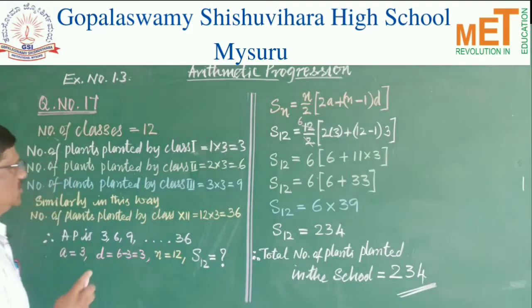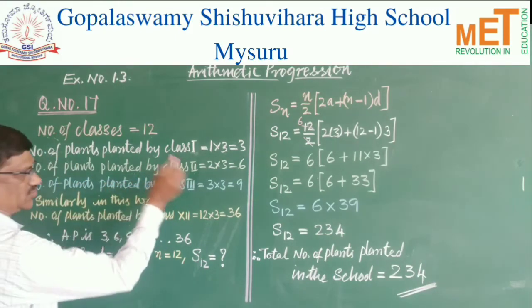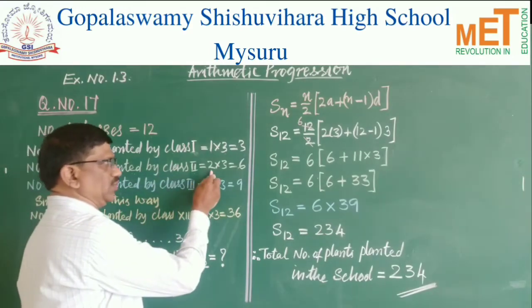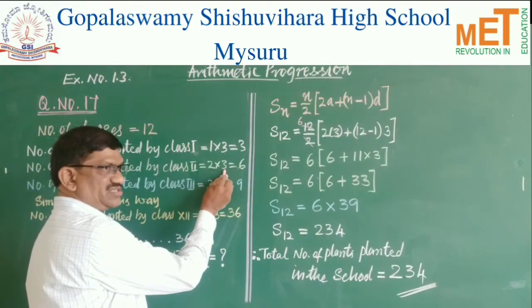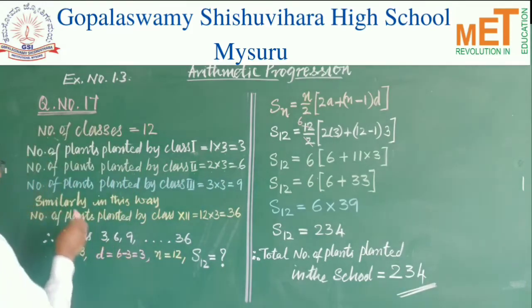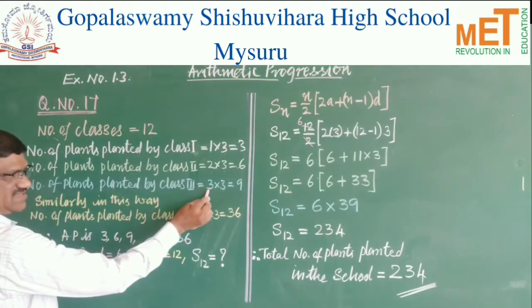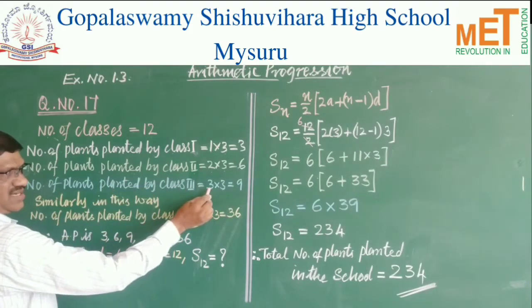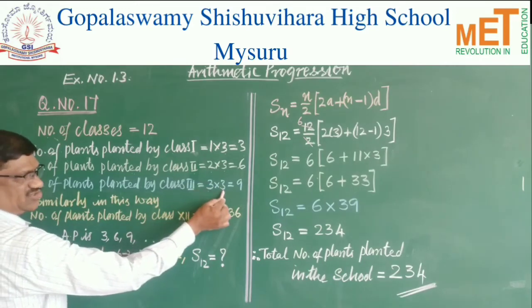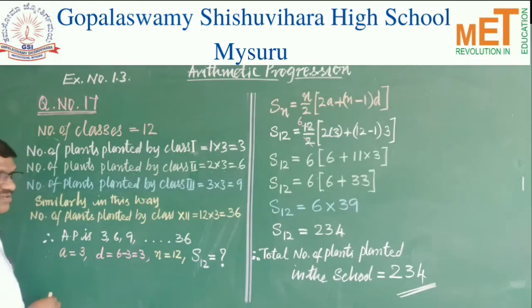Clear? So next, the number of plants planted by class 2, that is 2 into 3 sections is equal to 6 plants. Next, the number of plants planted by class 3, class 3 into 3 sections is equal to 9, and so on till class 12.